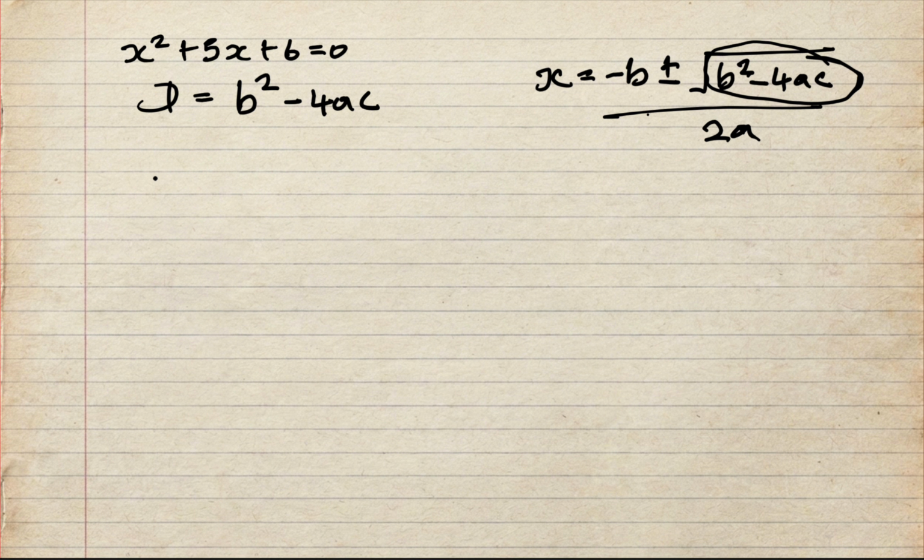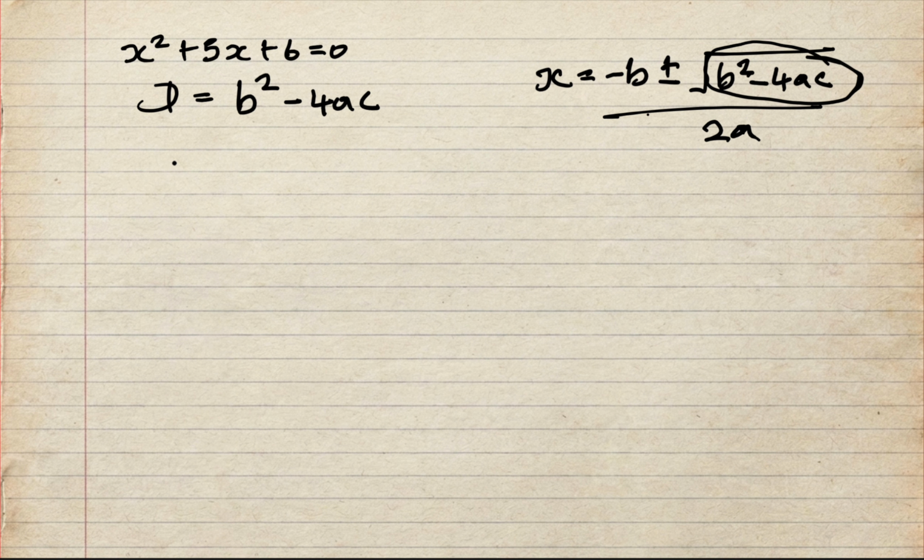For example, if after solving it you get the discriminant D to be like 8 or 13 or 12, then you cannot use the factorization method. But if it gives us a perfect square, then we can use the factorization method.